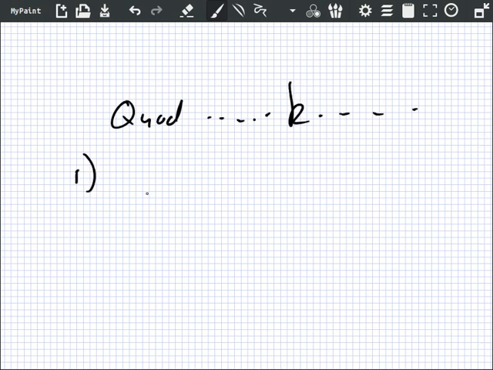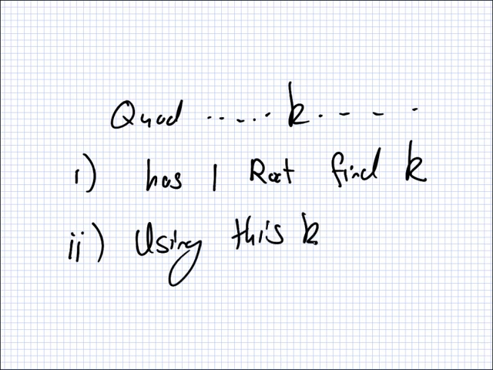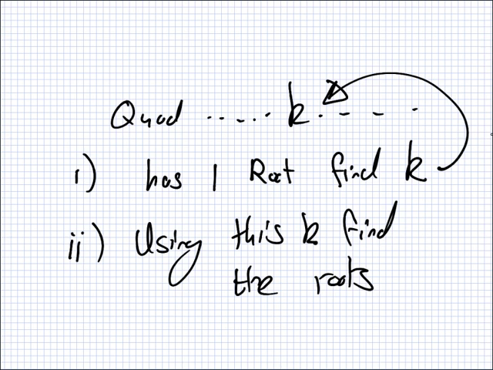And part one might be, it has one root, and then they ask you to find k. So what do you do to start this one? The discriminant equals 0, and then part two of the question might be using this k, find the roots. So you take this value of k and you put it back in, and then you find the roots of the quadratic. That might be an exam question, and it could be something like 2 marks, or something like this. Yeah?